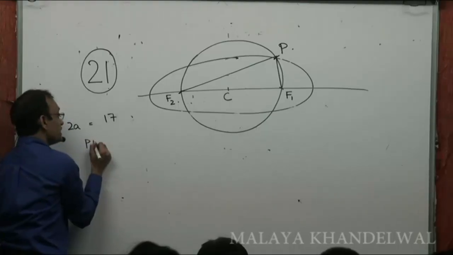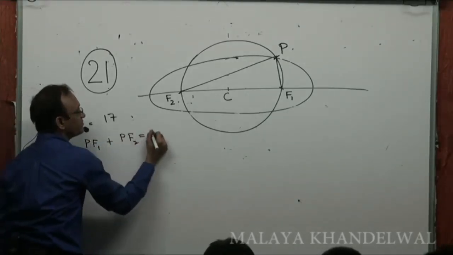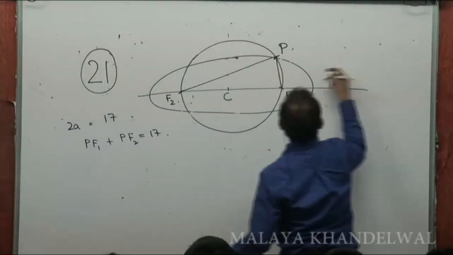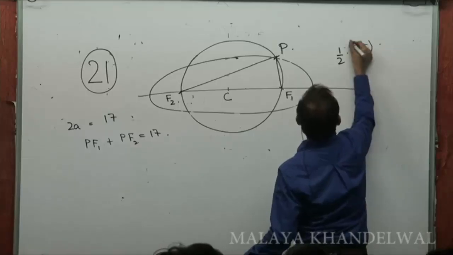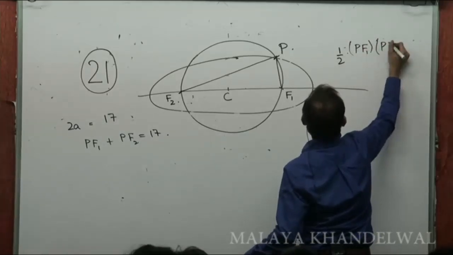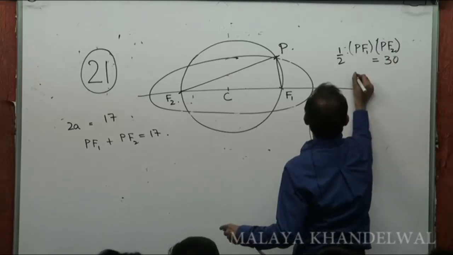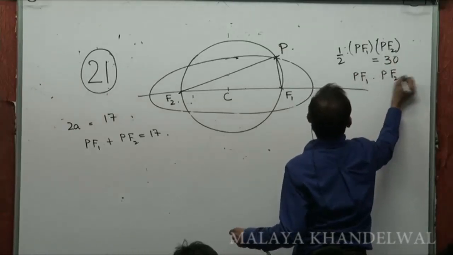That means PF1 plus PF2 is the major axis, 17. And the area of this triangle, half of PF1 into PF2, is given to be 30. So PF1 into PF2 is 60.